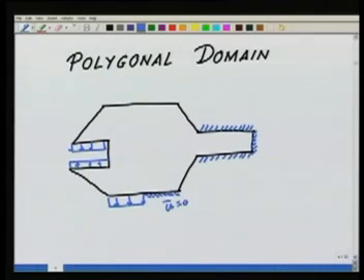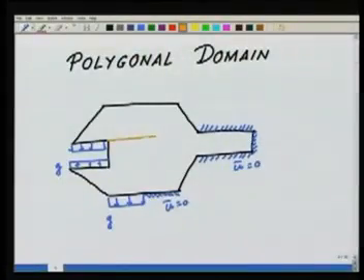So whenever I am drawing this, I will say u bar is equal to 0, here also u bar is equal to 0, and here let us say g is specified, here also g is specified.